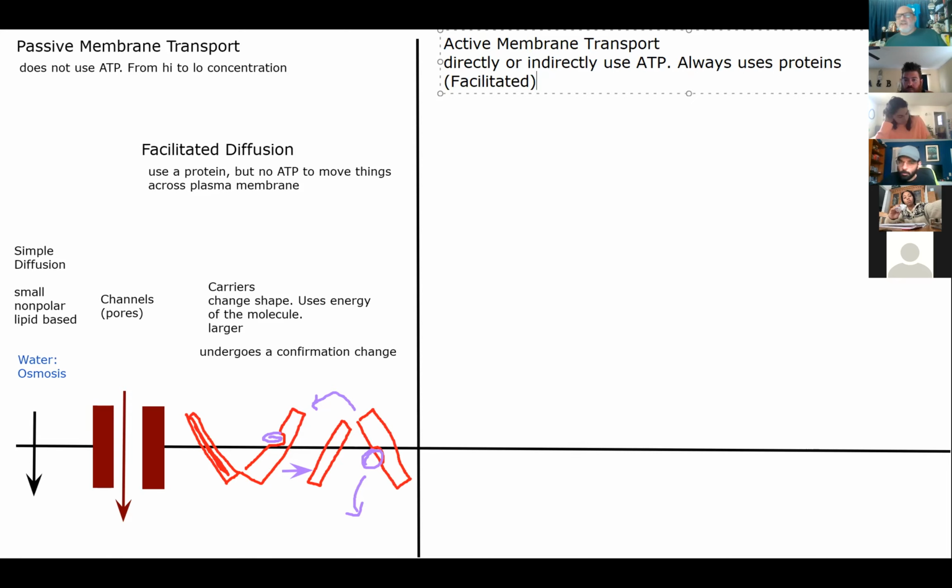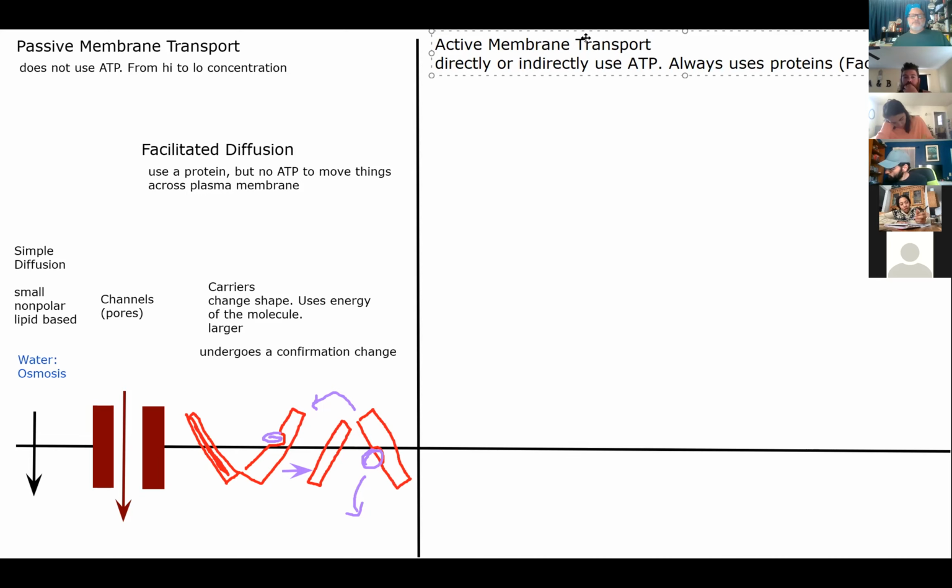Right? Because again, facilitated just means that it is using a protein to get some help. And remember, with active transport, we are typically moving this against the concentration gradient. So from low to high.